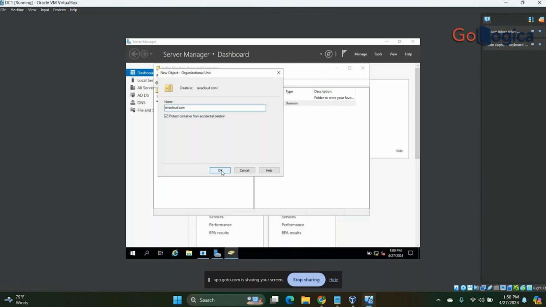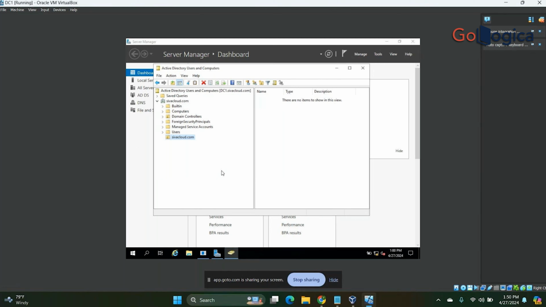Okay, now click on the OK button. So what you see over here, there is one more shivacloud.com that has been created. So what exactly does that mean? The previous shivacloud.com is our forest. Now we created our domain under our forest, shivacloud.com. Now under this domain, we can create all of our OUs.